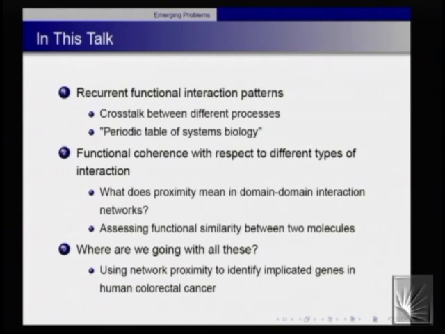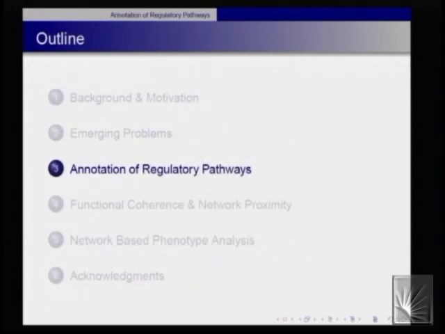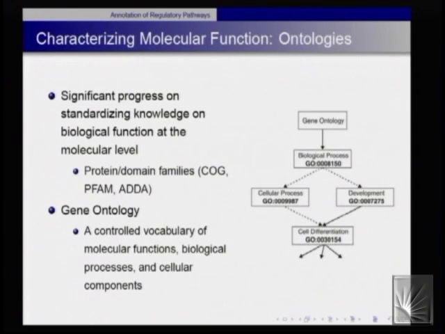And finally, I will talk about a problem that we are working on that is grounded on what we learned from these approaches. So it will answer the question, where are you going with all of this? Or it will at least try to answer.